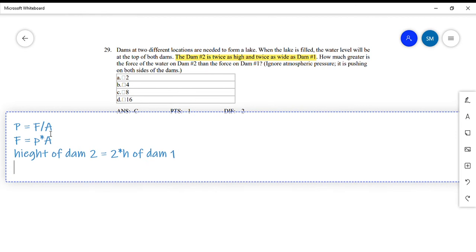And the width of dam 2 is equal to 2 times the width of dam 1.